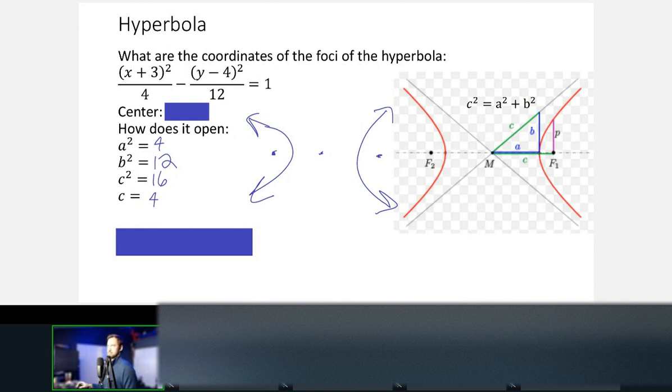All right. Now, how do we find the actual coordinates? So how do we find the coordinates of these focal points? Yeah, we add or subtract from the center. So are we adding to the x or adding to the y value?